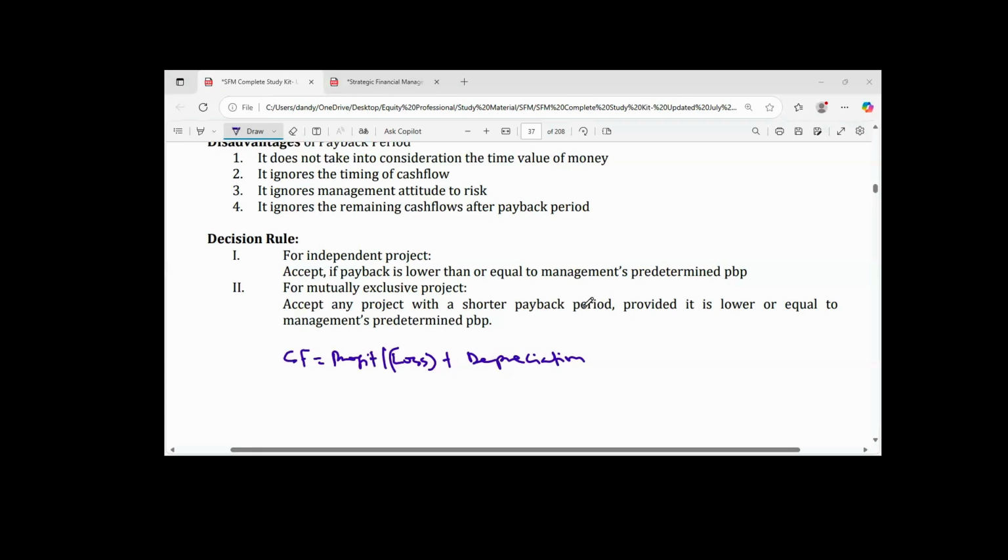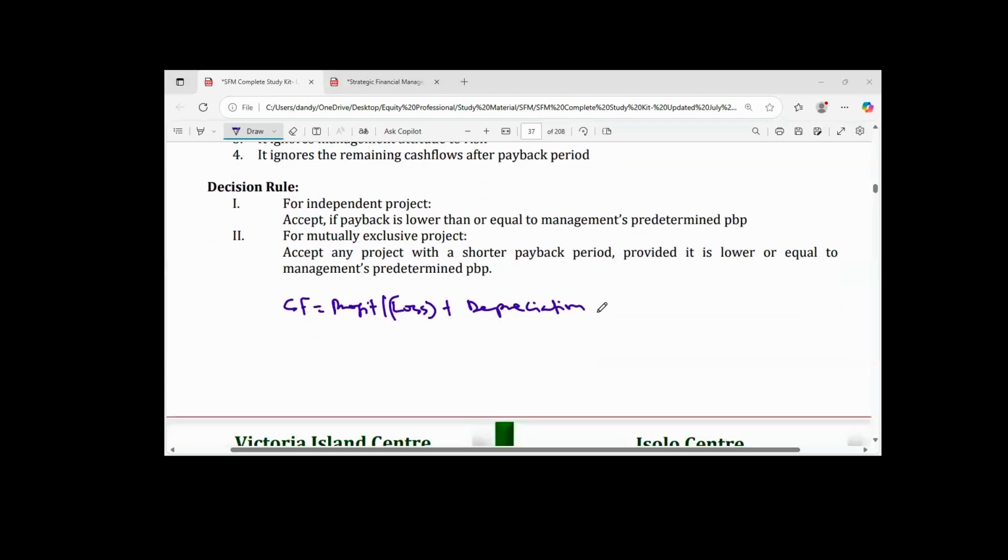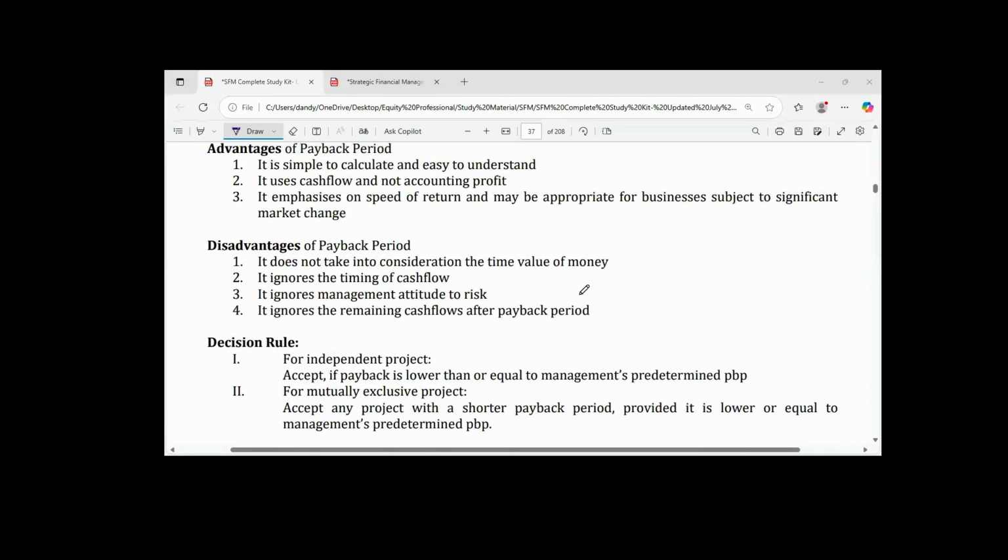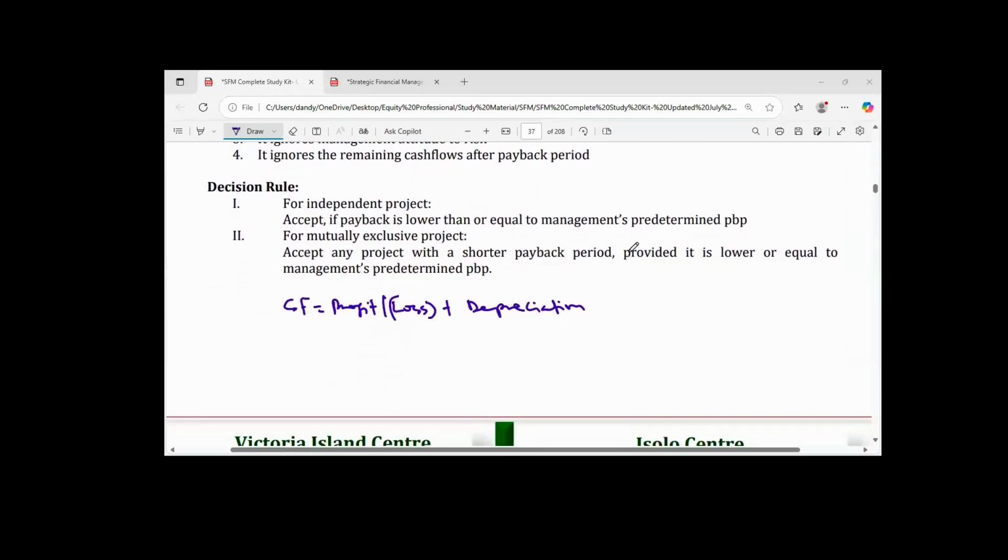All right, so let's move on from here. Like I said, when you want to calculate using all the techniques apart from the accounting rate of return, you need cash flow. So if you are given accounting profit or loss, you are expected to convert it to cash flow before calculating payback period or any other technique.